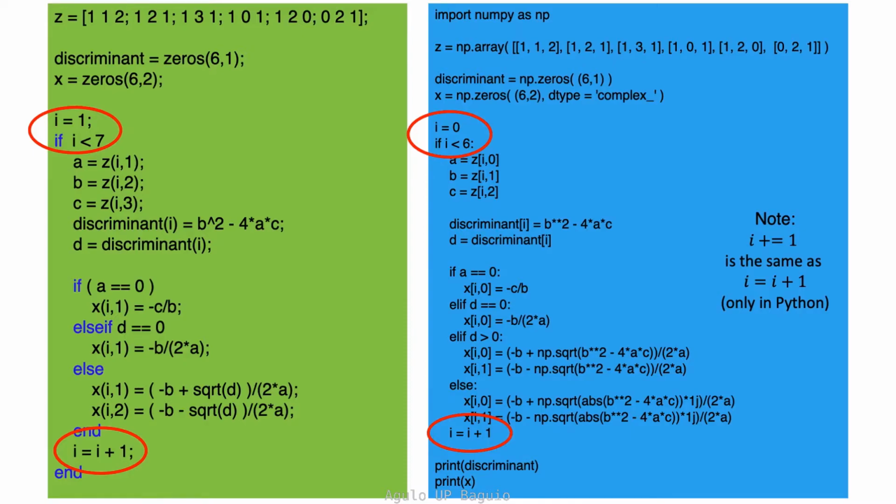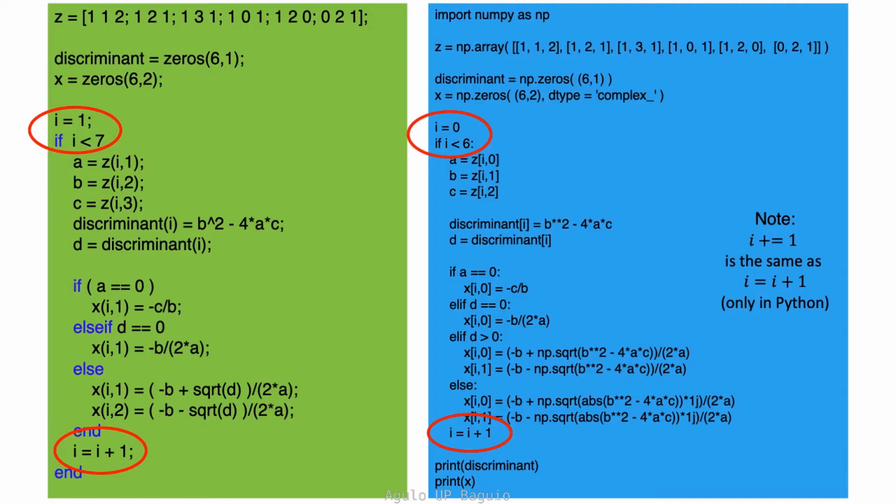Thus, the initial value of the index I is 1 in MATLAB and 0 in Python. This initial value needs to be clearly defined in the program so that it knows which number the index I should begin. You should also be able to understand why I used I is less than 7 in MATLAB and I is less than 6 in Python.